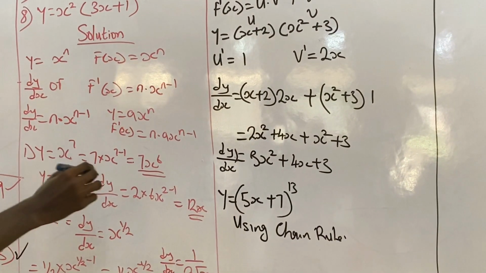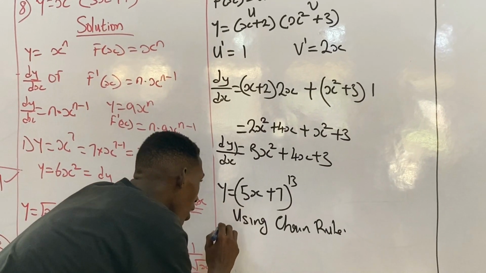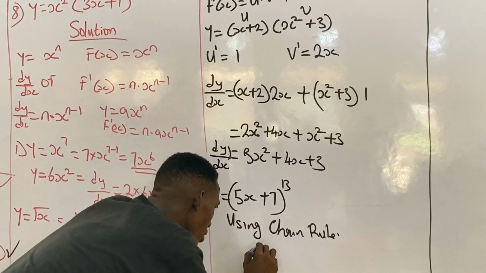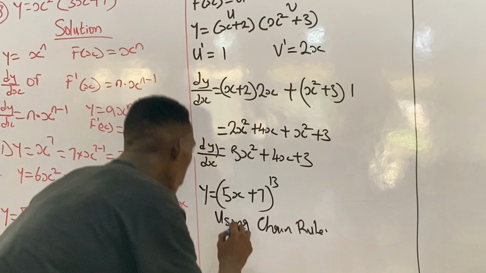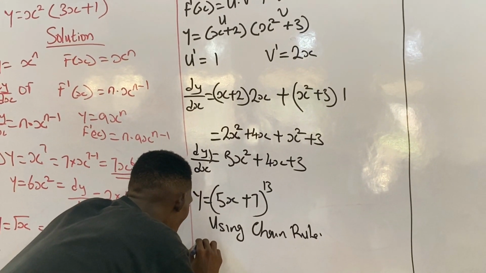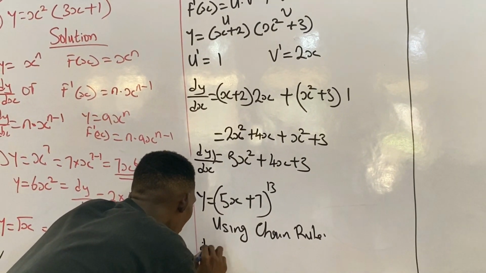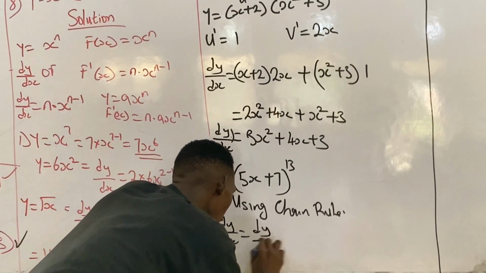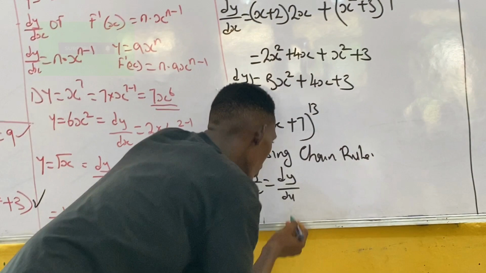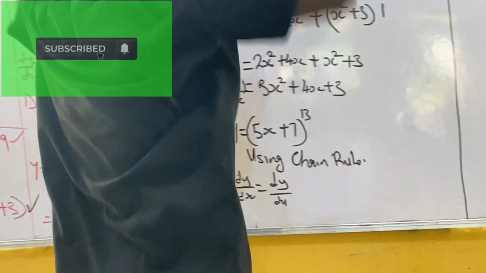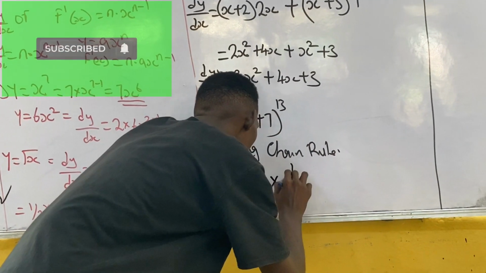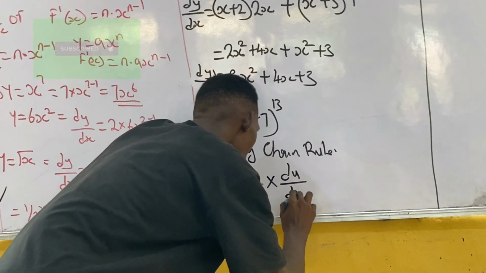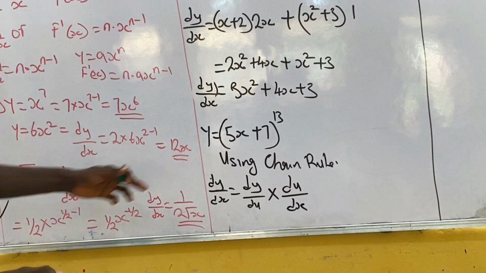So chain rule says that when you have y, therefore our dy over dx will be equal to dy over du times du over dx.